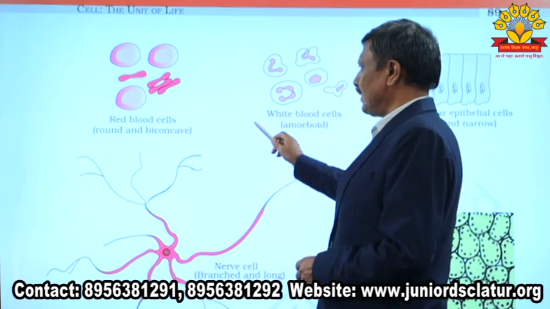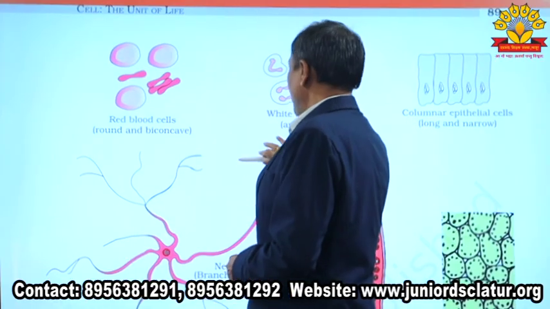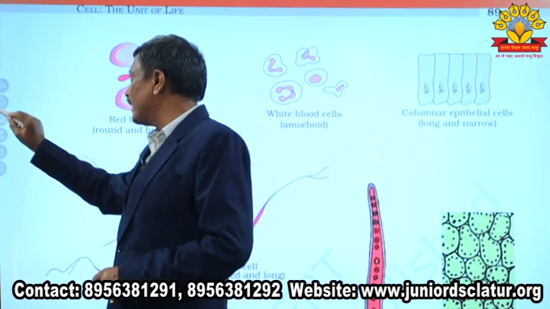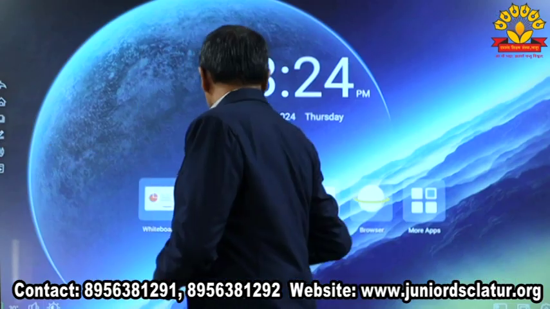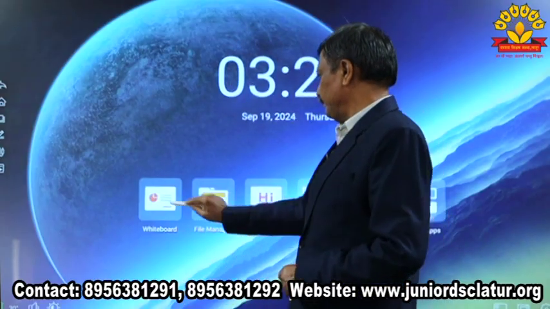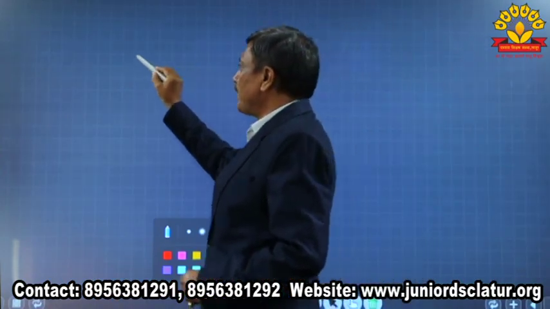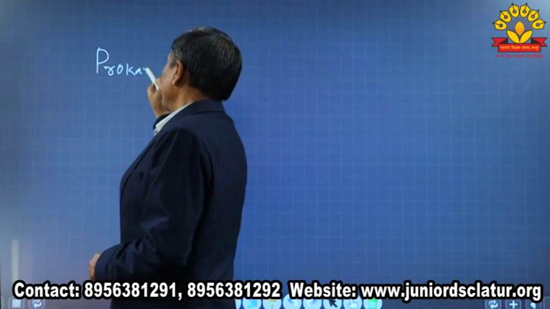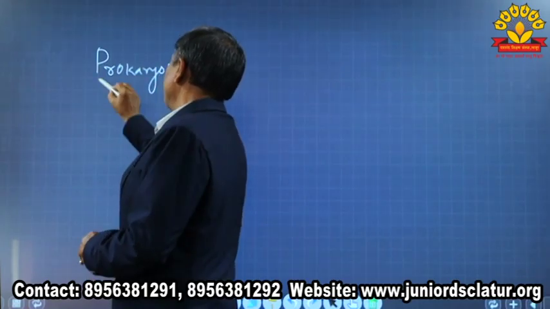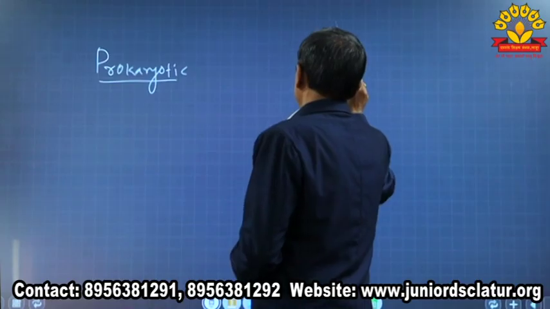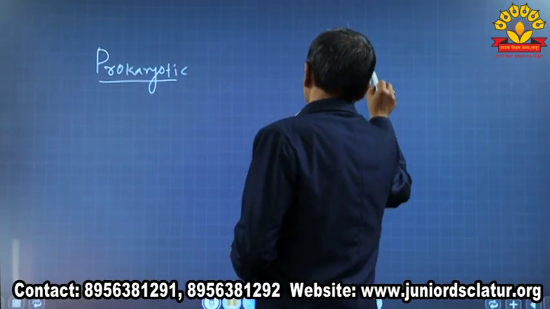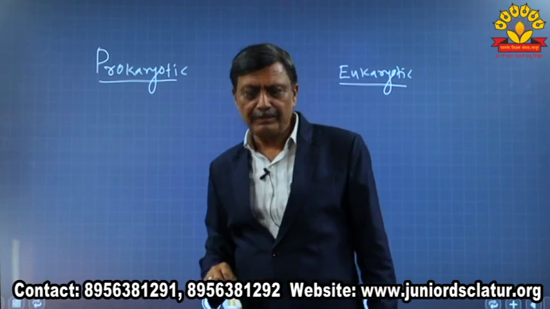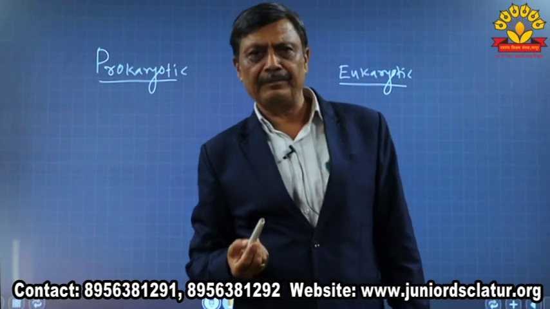So, here you can see the cells: plant cells, animal cells, prokaryotic cells, eukaryotic cells, etc. What is the difference between prokaryotic cell and eukaryotic cell? Can you tell? Prokaryotic cell means the cell of bacteria.